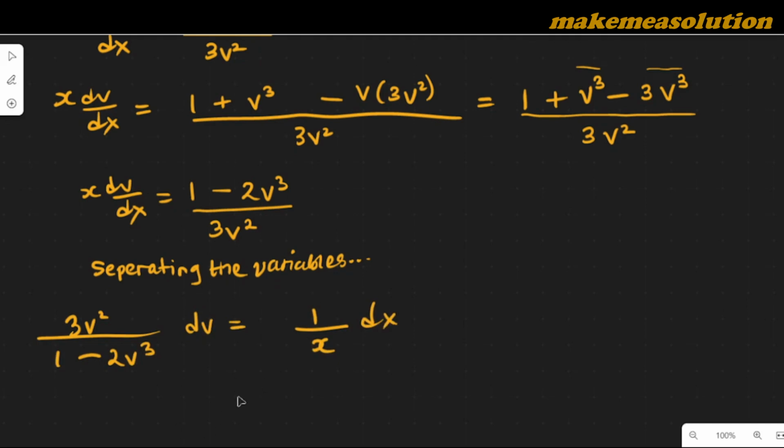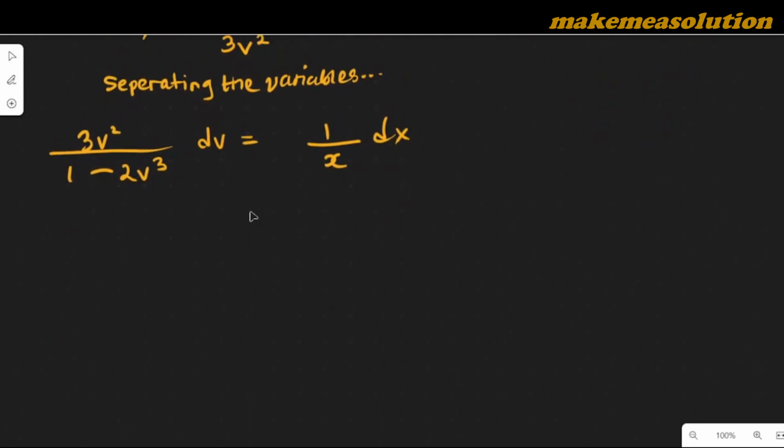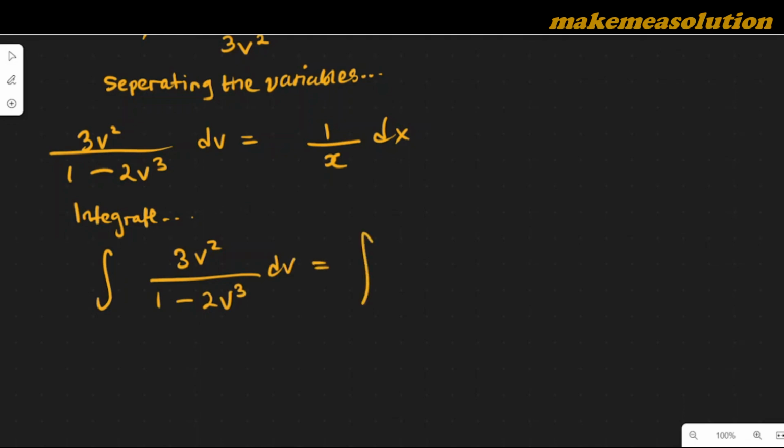So you now integrate, right? So when you integrate both sides, you have the integral of 3v squared all over 1 minus 2v cube dv is equal to the integral of 1 over x dx.